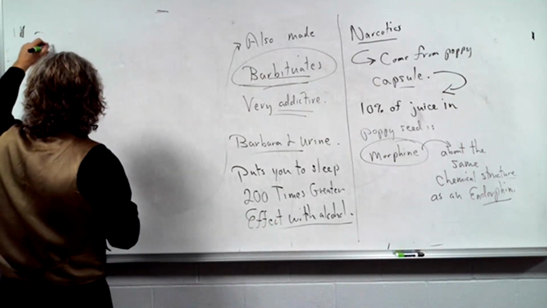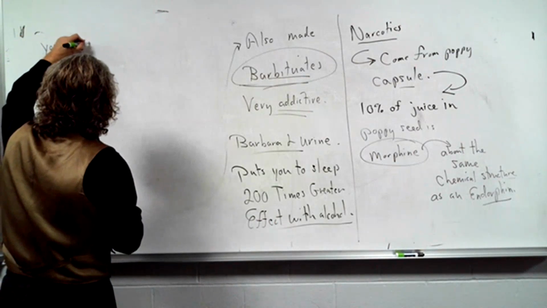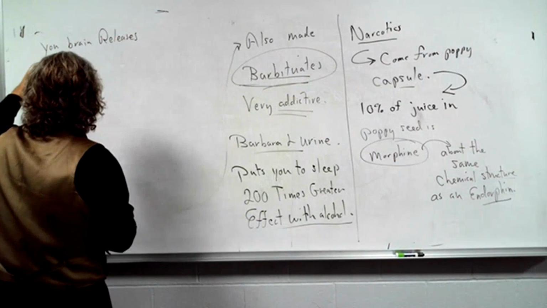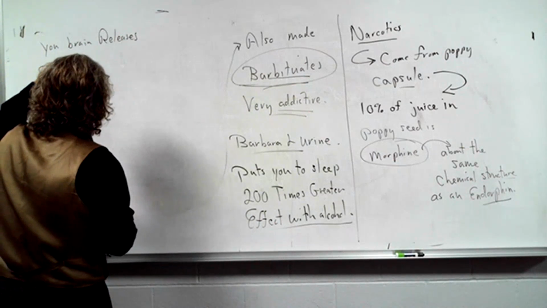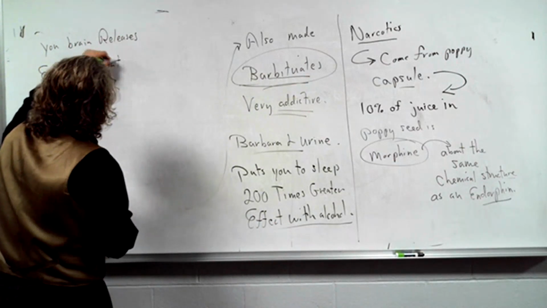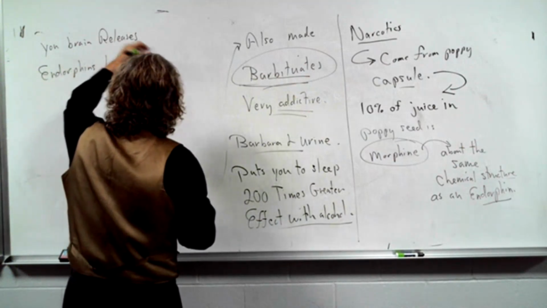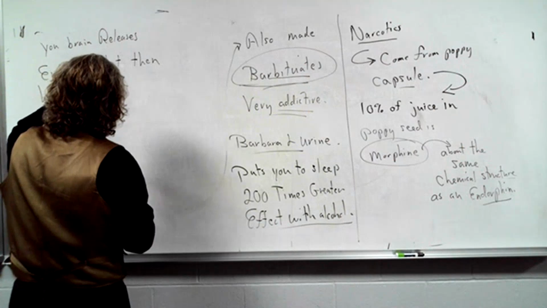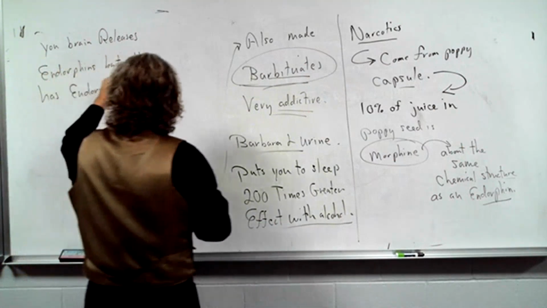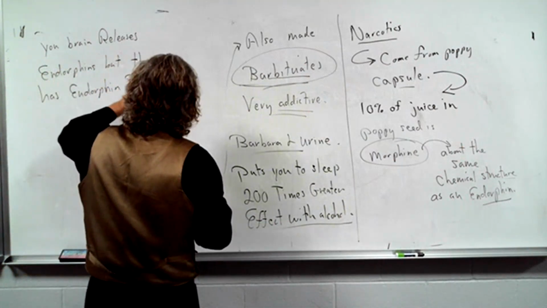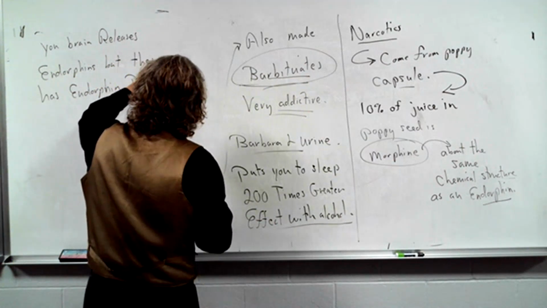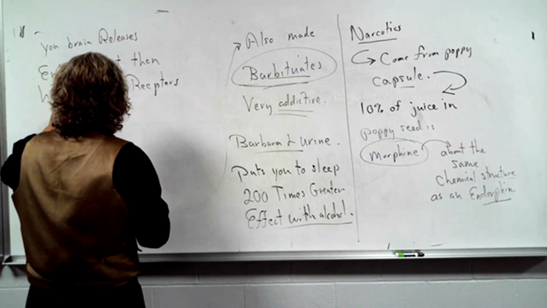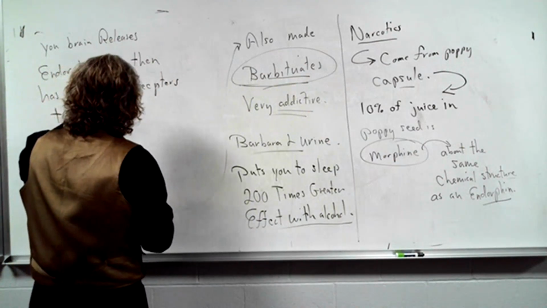So your brain releases endorphins, but then it has endorphin receptors to pull them up or pick them back up.